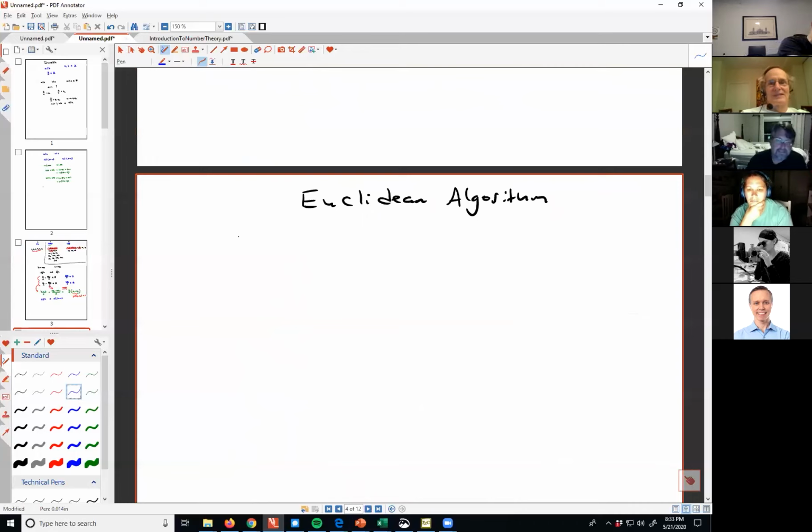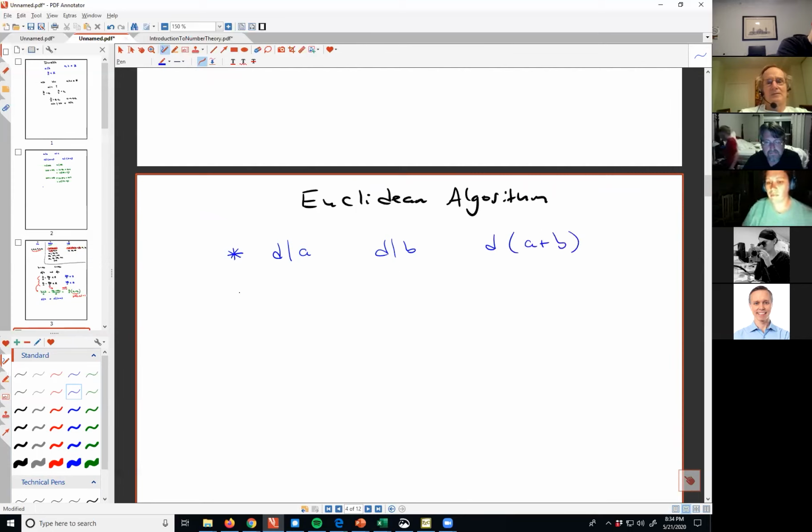One of those facts is that if there's a divisor of A and a divisor of B that are the same, we have a common divisor of A and B, then that common divisor divides their sum, and also it divides their difference.